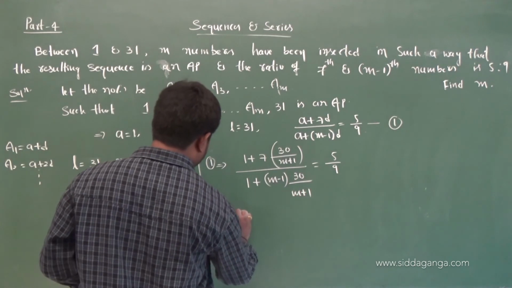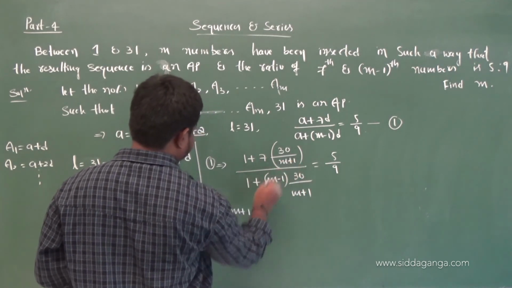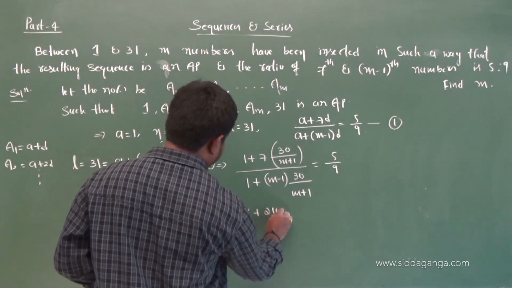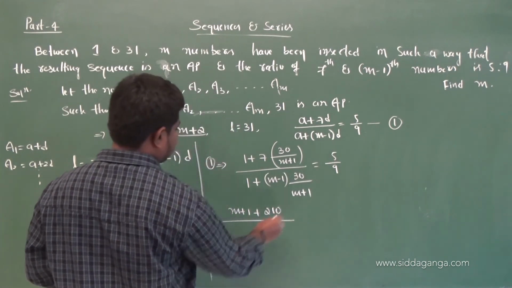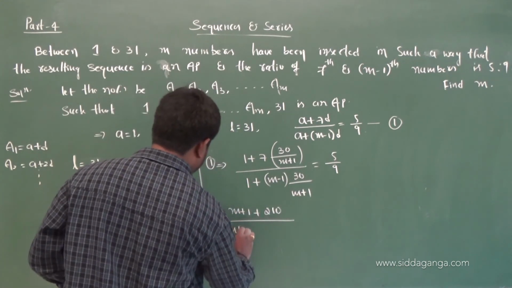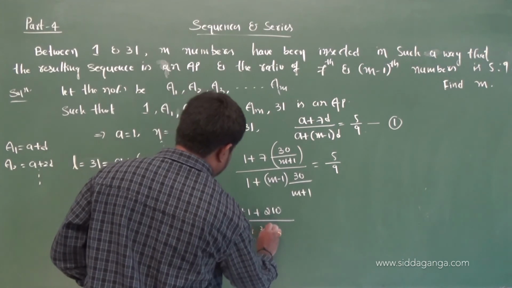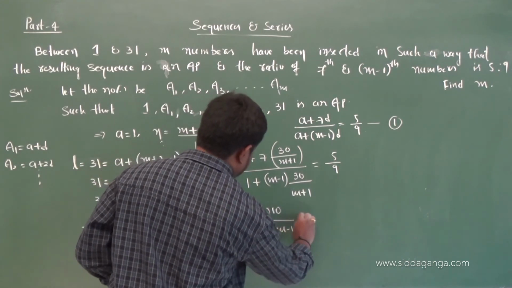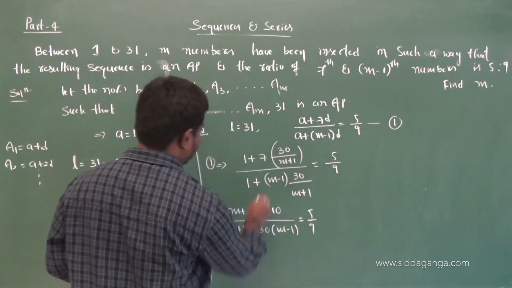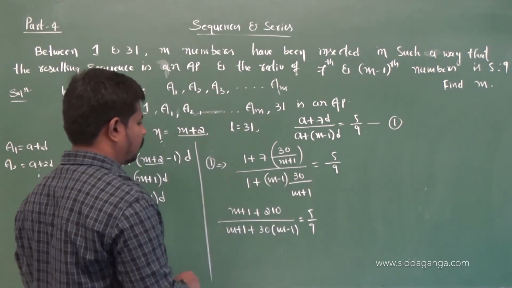So you get (m plus 1 plus 7 into 30) by (m plus 1 plus 30 into (m minus 1)) equal to 5/9. The m plus 1 LCM gets cancelled in both numerator and denominator.